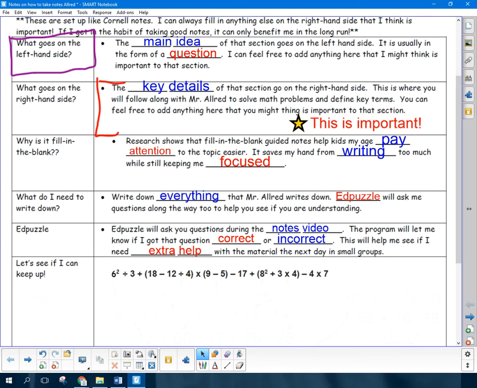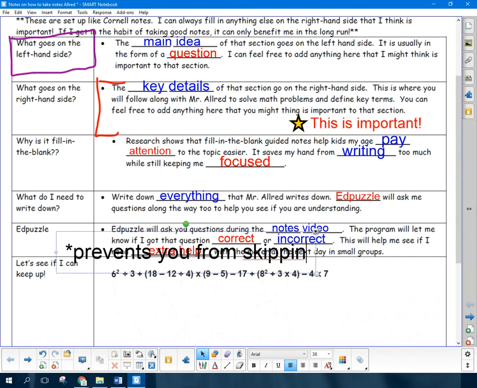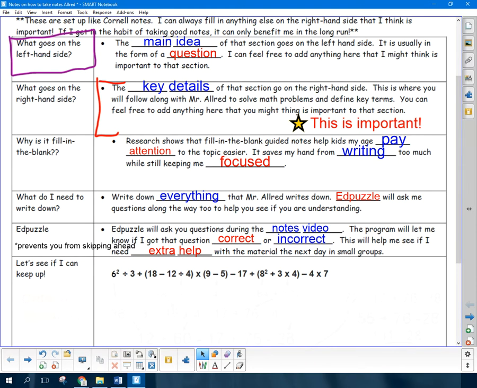It also prevents you from skipping ahead. It does that so that you can't just go to the end of the notes video and copy things down. So that's important as well. Edpuzzle prevents you from skipping ahead in the notes.